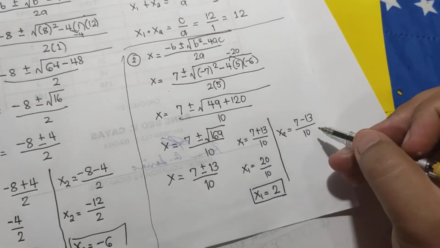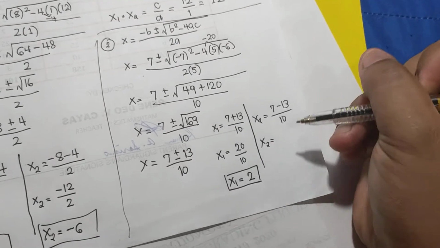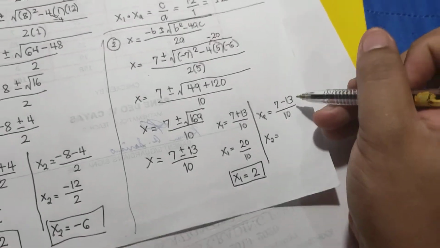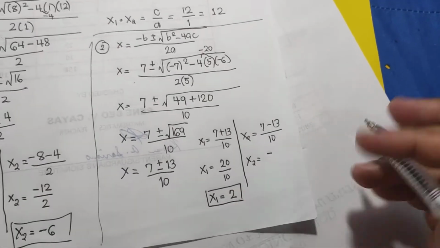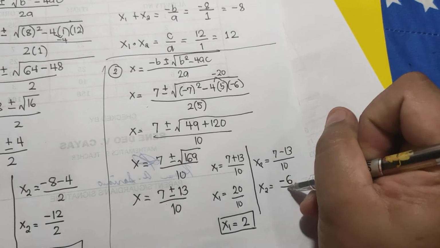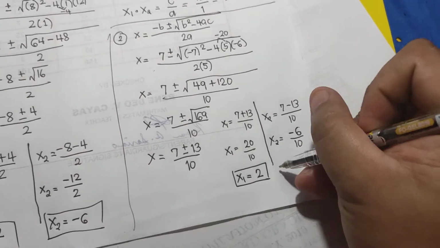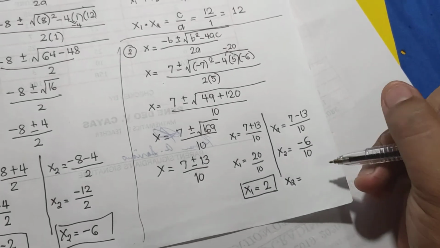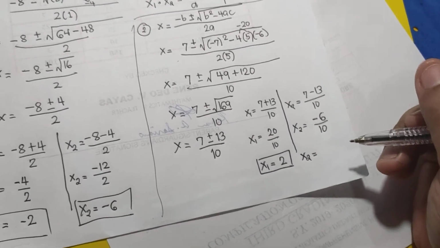For our x sub 2, we have 7 minus 13. Since 13 is the bigger number, so we will follow the sign negative. So 7 minus 13 will give you negative 6 over 10. Can we divide 6 to 10? No. So ang magiging sagot natin ay lowest term lamang kung meron. May lowest term ba ang 6 at saka 10?